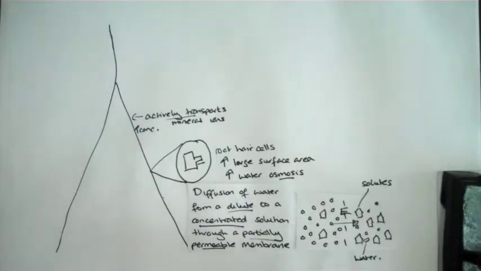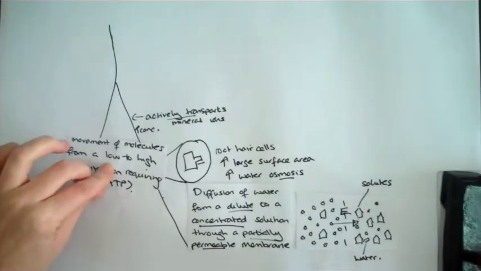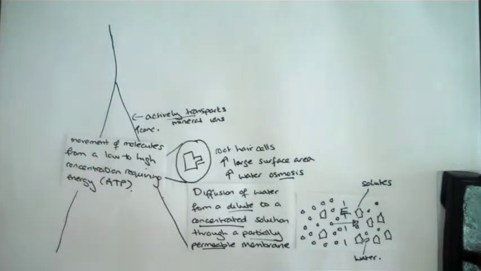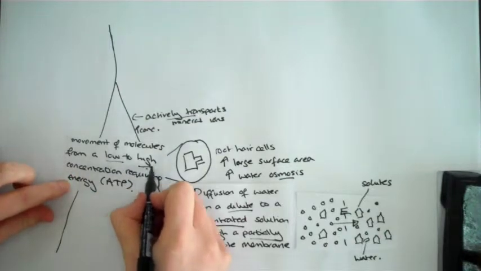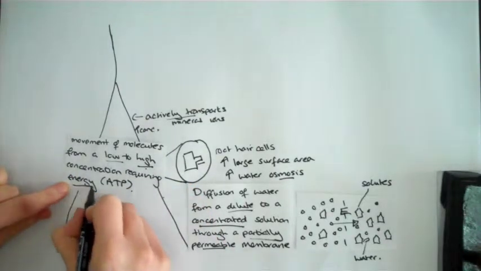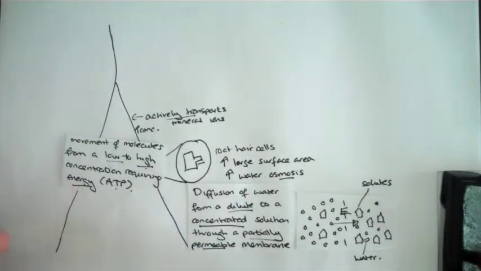But let's just remind ourselves now of what active transport is. Again, hopefully you do remember the definition, but if we don't, let's just take a look at this now. So, active transport is the movement of molecules from a low to a high concentration requiring energy. Now, you may have learned energy as ATP, and that's fine, you can use that.